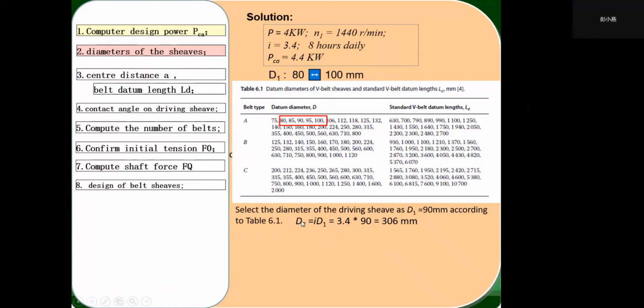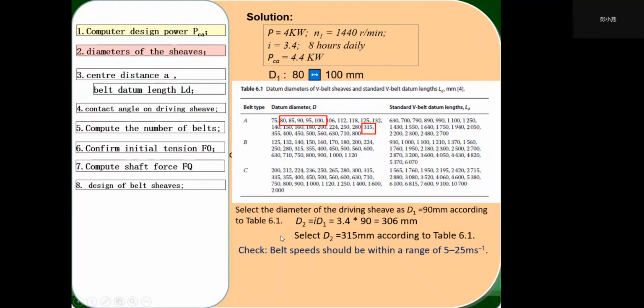For D2, we should choose a standard value. Which standard value do we choose for D2? Tell me. Student: 315. Yes, we can choose this standard value for D2, okay?